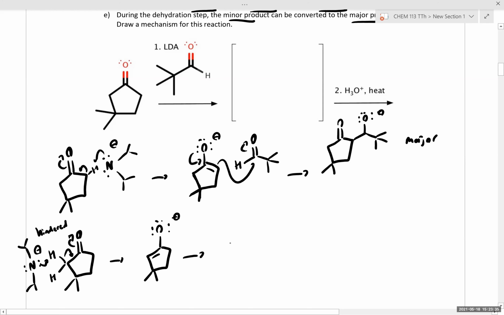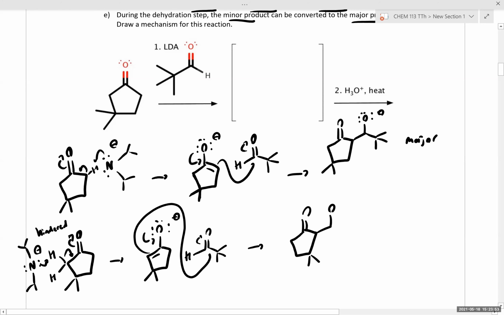And from here, after attack onto our electrophilic aldehyde, we can generate the following minor product. This is for our initial aldol addition.